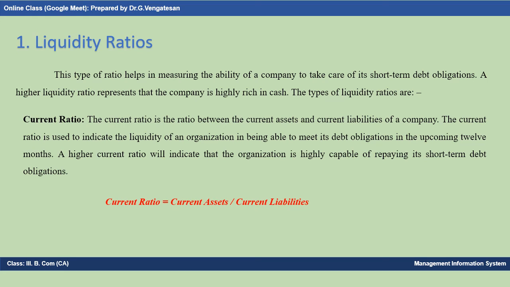This is how the liquidity ratio plays the major role. Generally, liquidity refers to the ability of a firm in settling its current liabilities as and when they become due.